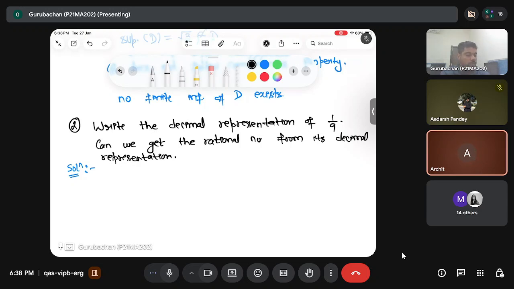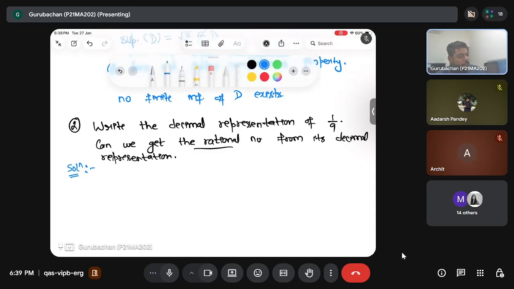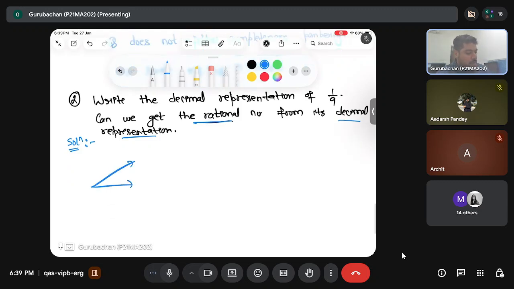Good. Here, can we get the rational number from the decimal representation? We are talking about terminating or non-terminating but repeating decimal representations.